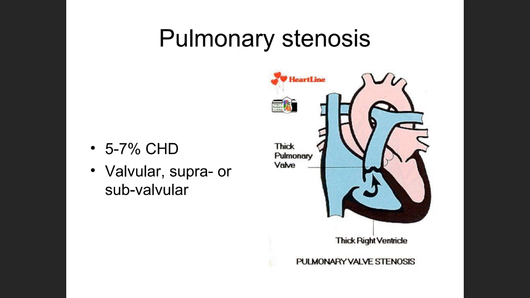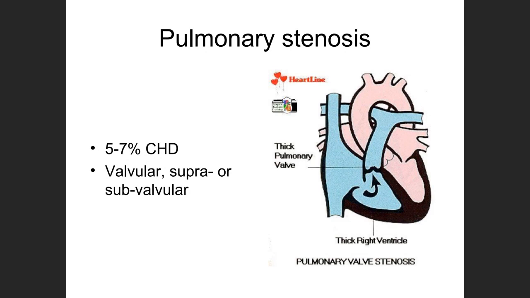So the right atrium becomes dilated at high pressure. And this causes a widening of the foramen ovale, and it creates a defect between the right atrium and the left atrium.